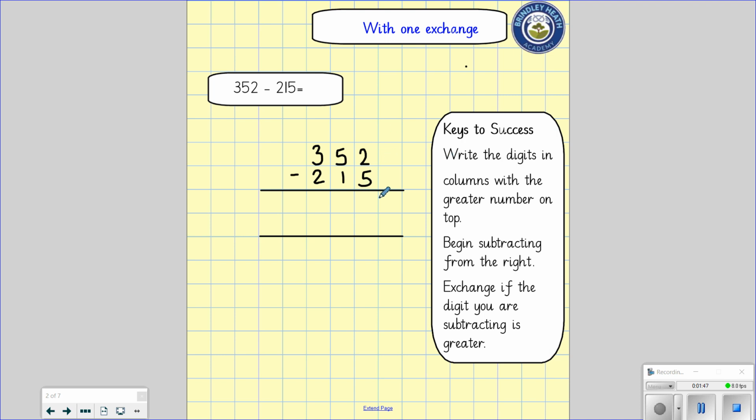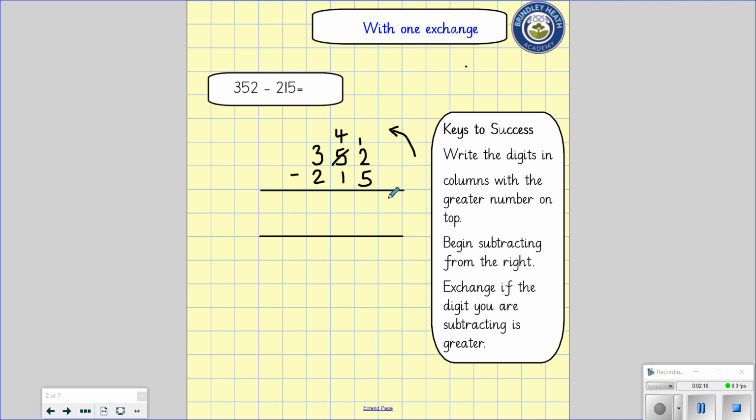2 take away 5. Now straight away I know that I can't do 2 take away 5 because 5 is greater than 2. So I've got to exchange from my tens column. So cross out my 5 tens, that becomes 4 tens, and I'm exchanging that 10 for 10 ones, so it can go in my ones column.